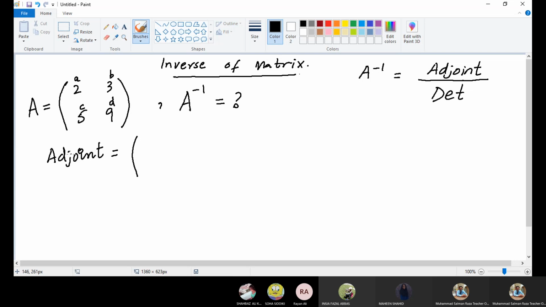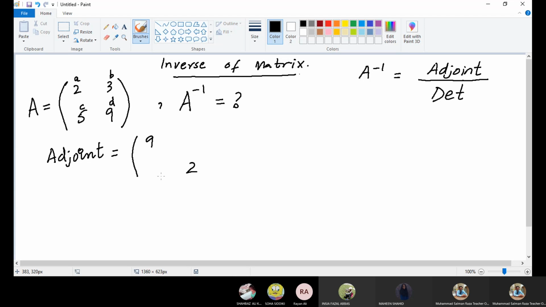So what are we going to do in order to find the adjoint? It says flip the positions of A and D. Flip the positions of A and D. So 9 is going to come over here and 2 is going to come over there.